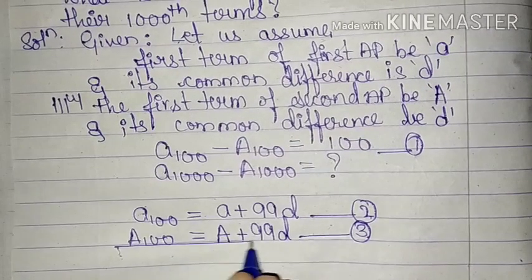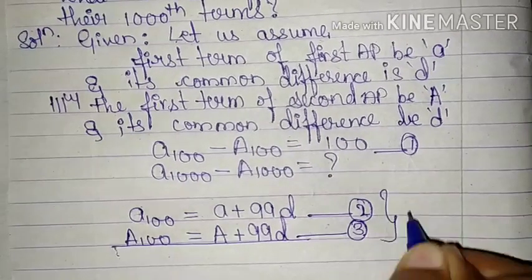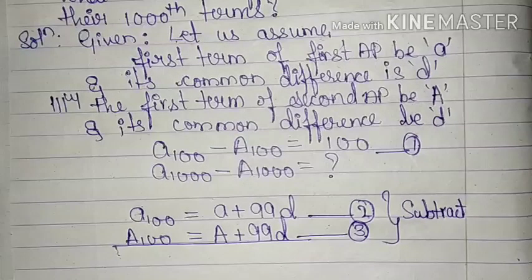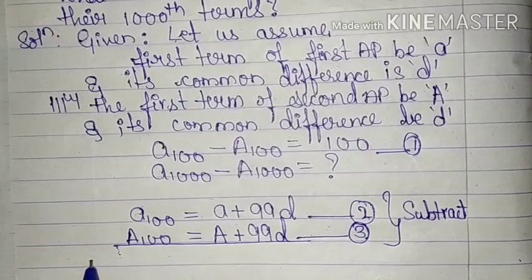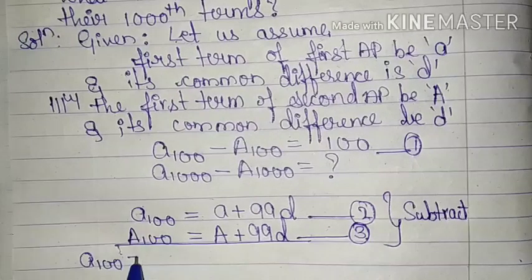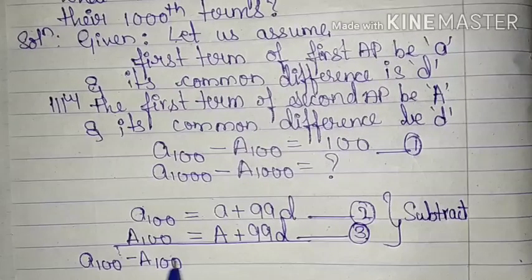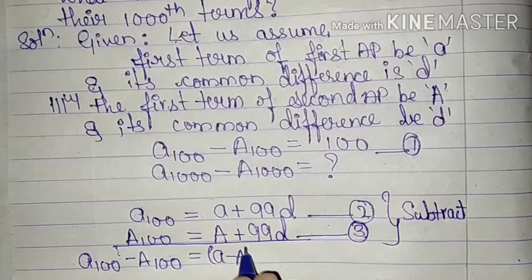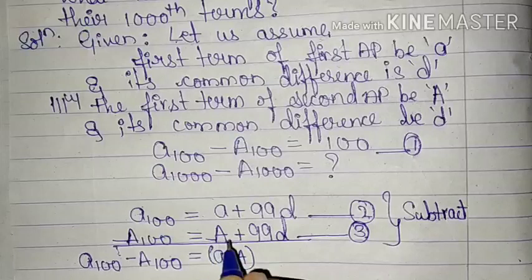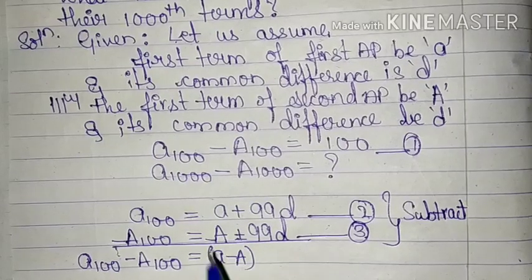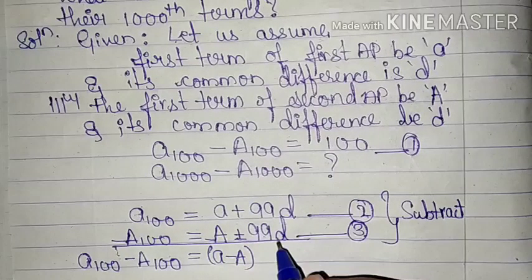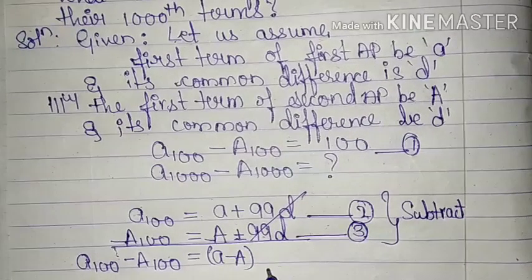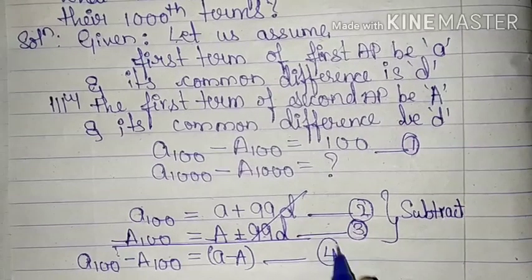Now subtract them. Here I can write a100 minus capital A100 is equal to a minus capital A. Since 99D and 99D are the same, 99D minus 99D cancels out. This is our fourth equation.